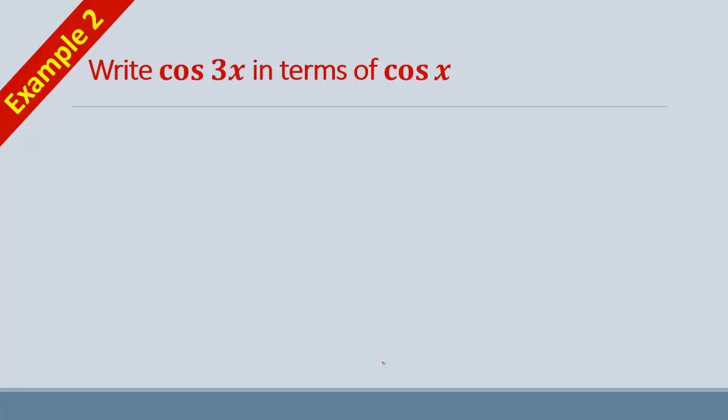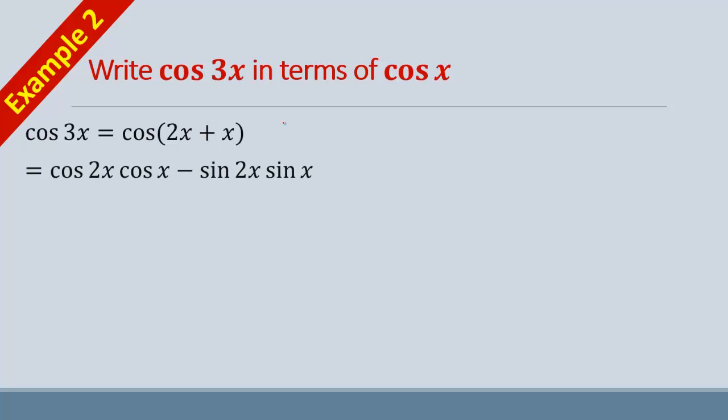So let's write cosine of 3x in terms of cosine of x. To do that, I can use my addition formula from the last chapter. I'm going to write it as cosine of 2x plus x, which allows me to expand it because I've got the addition formula for cosine.